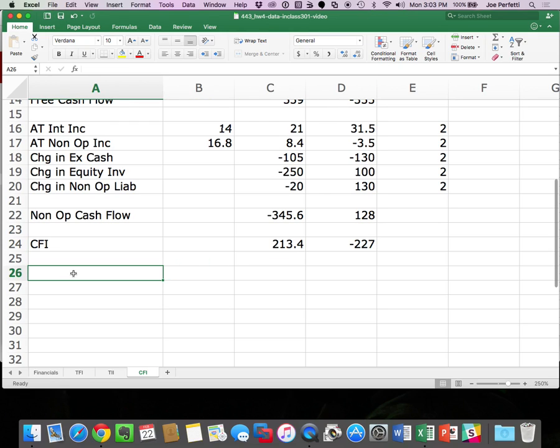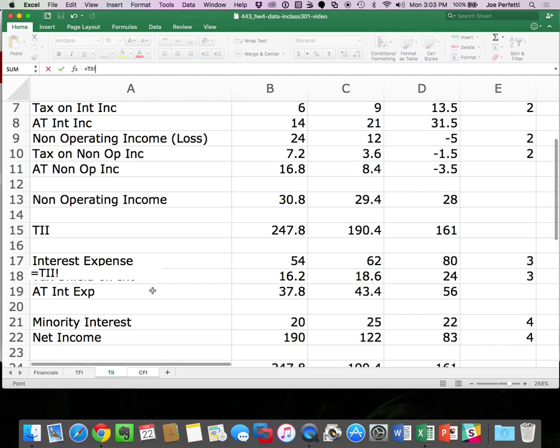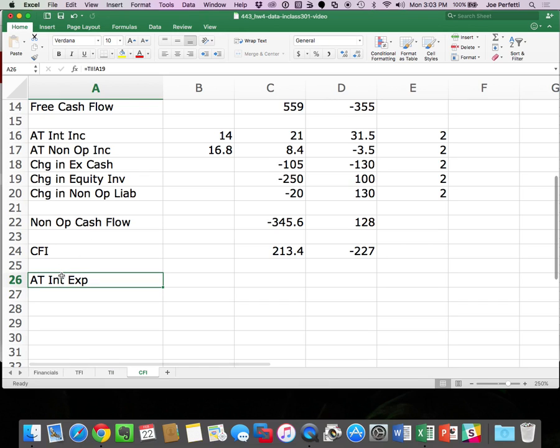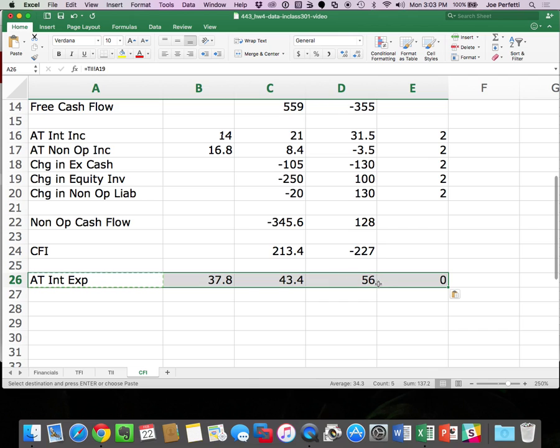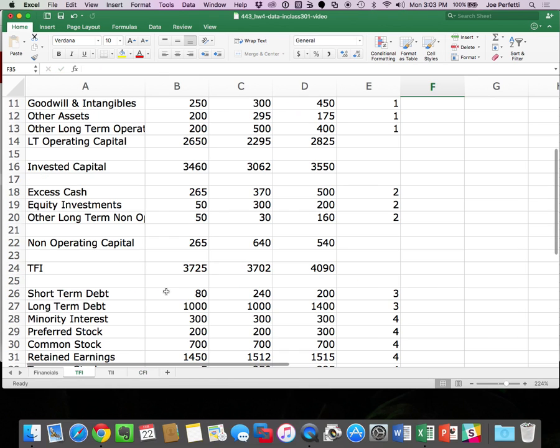Next, debt equals TII. Anything that's a 3, well, the good news is my 3's after-tax interest expense. TFI. Anything that's a 3 is a change.